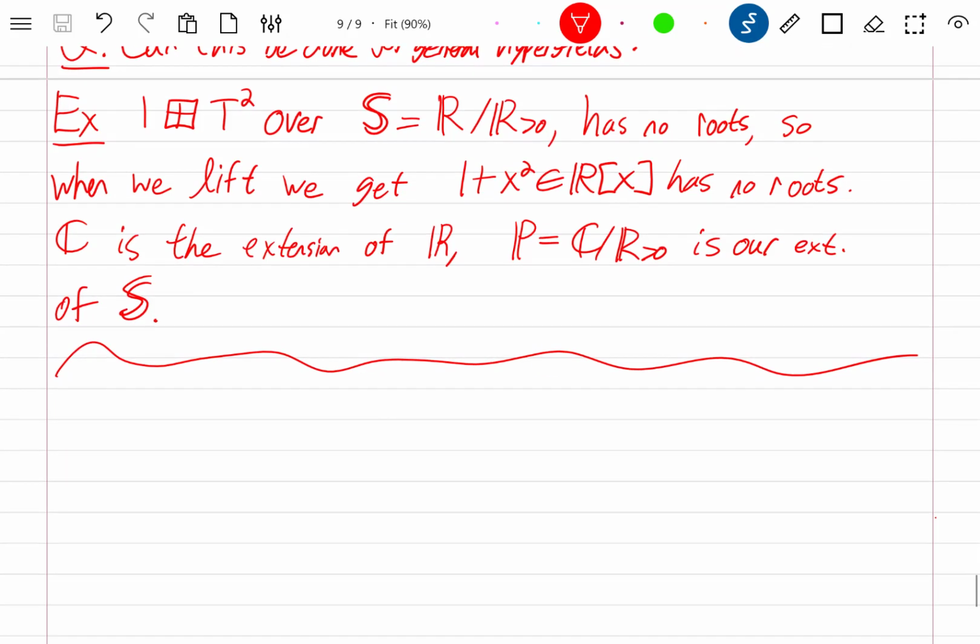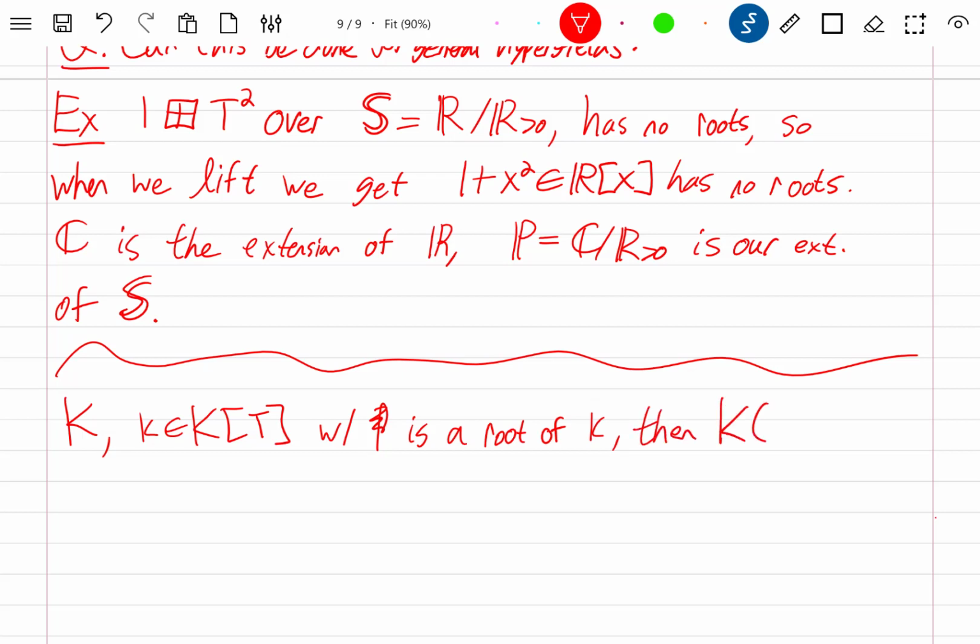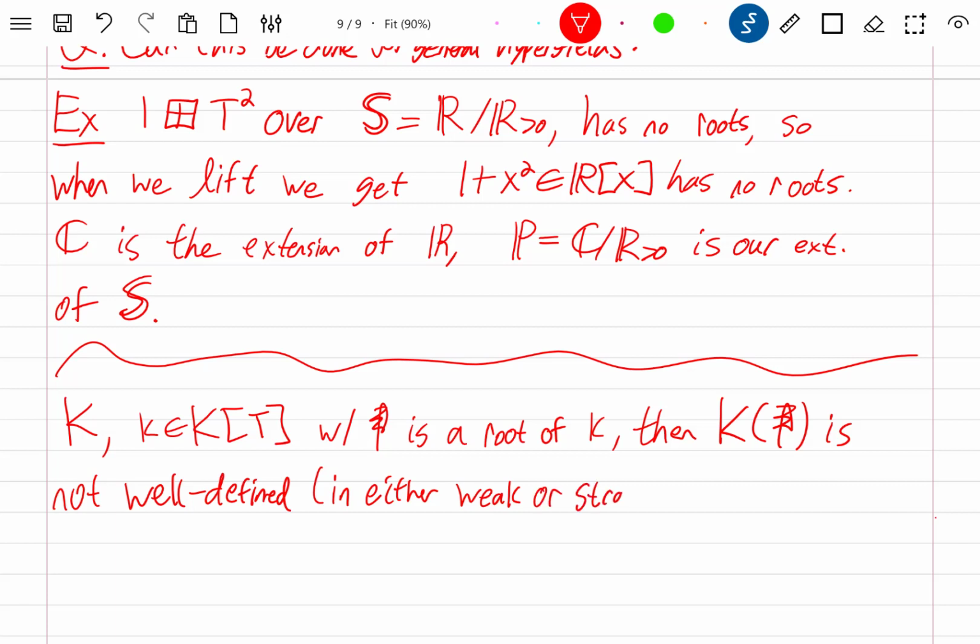That is, if I have a hyperfield K and I have some polynomial without a root in K, and if I have some c, a root of our polynomial little k, then K adjoin c is not well defined, in either the weak extension or the strong extension case.